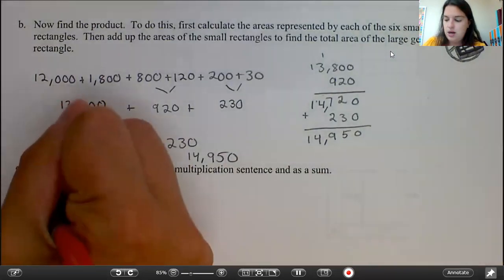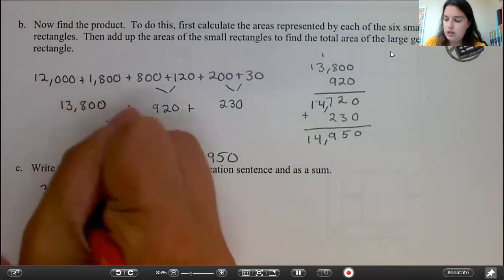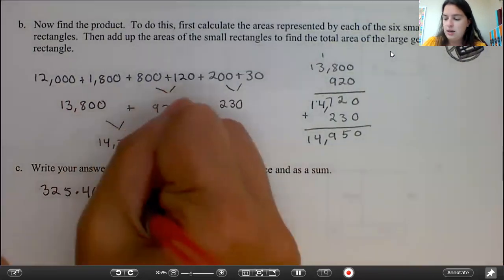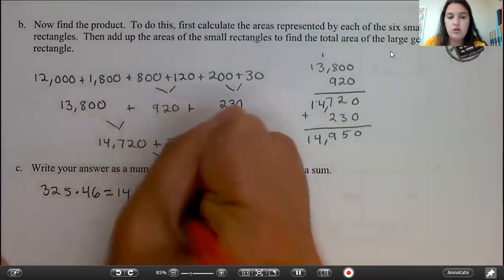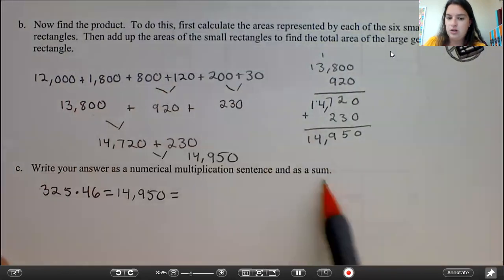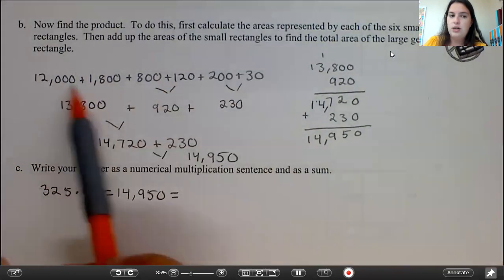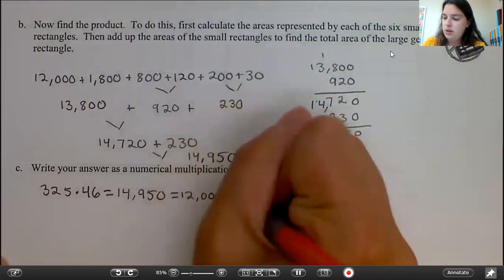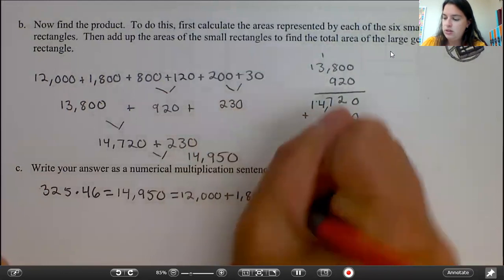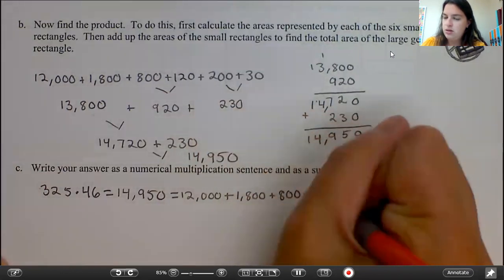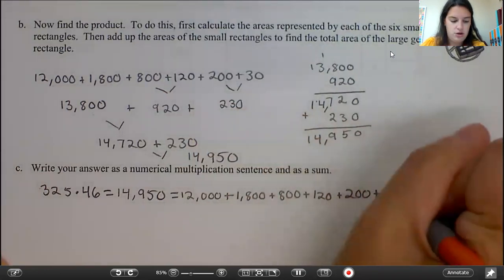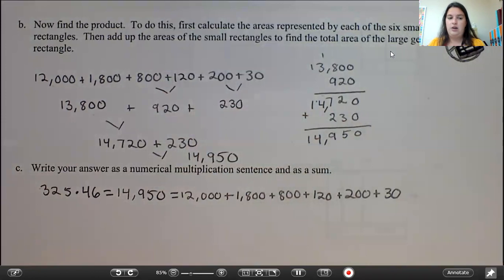That would be 325 times 46 equals, well, what does it equal? 14,950, which also equals, this is our sum part, so you're going to rewrite everything you wrote in part B. 12,000 plus 1,800 plus 800 plus 120 plus 200 plus 30. And that is how you write it as a numerical multiplication and as a sum.